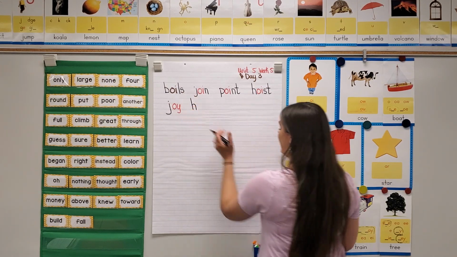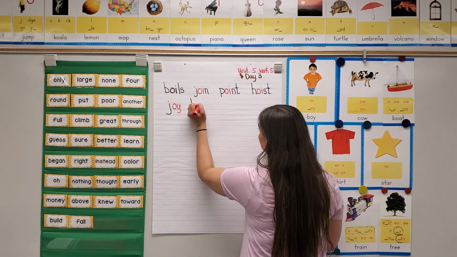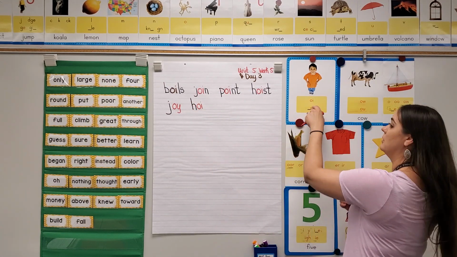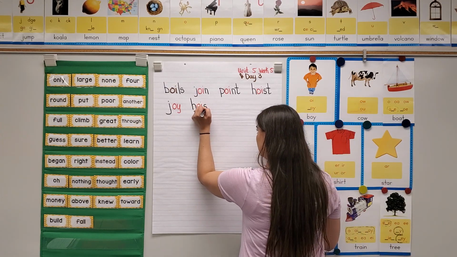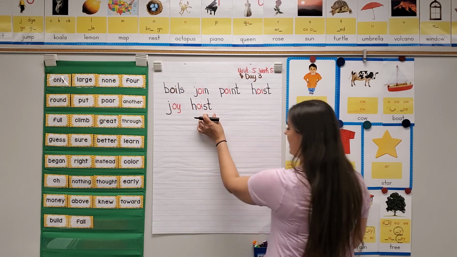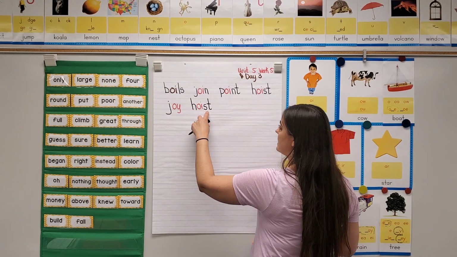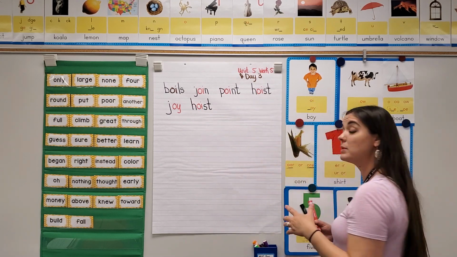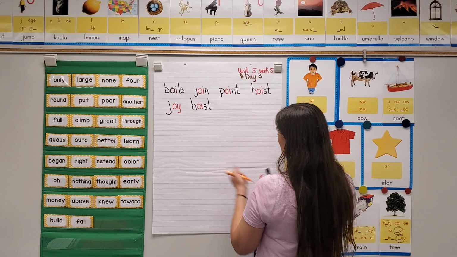So H says ha, oi, oi. St, sta, ha, oist, hoist, but the word was hoisted. So we hear ed at the end of that word.